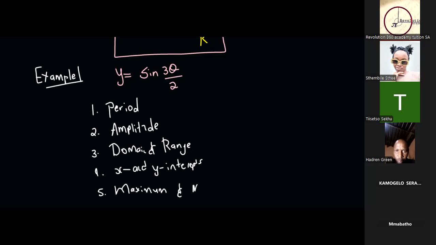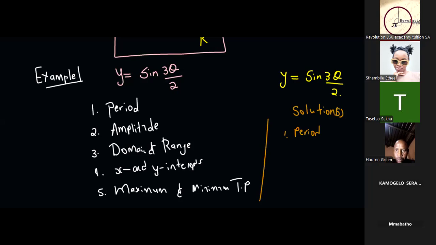So this is the equation that they're giving us: y is equal to sine of 3 theta over 2. So these are our solutions. Since the first question wants us to find the period, we're going to say period is equal to, using the formula for determining the period, 360 over k.